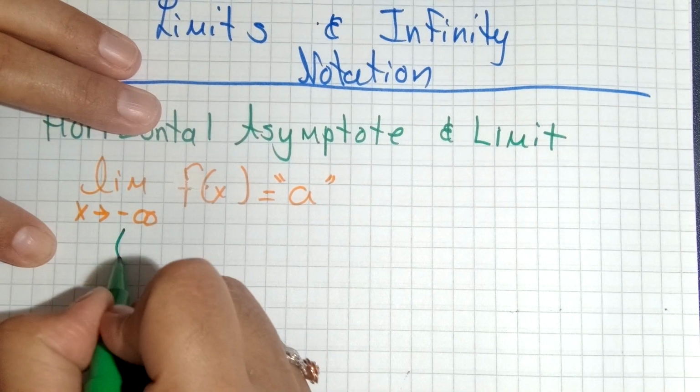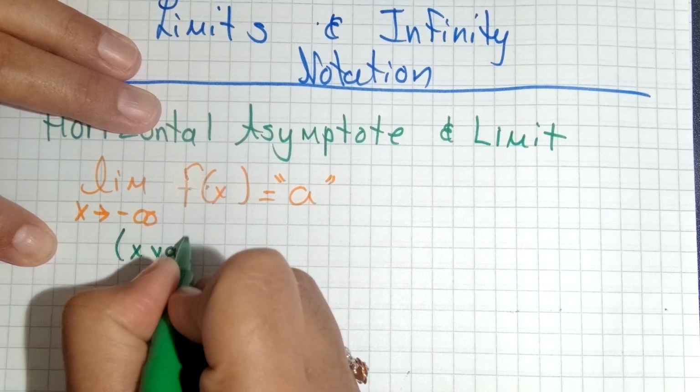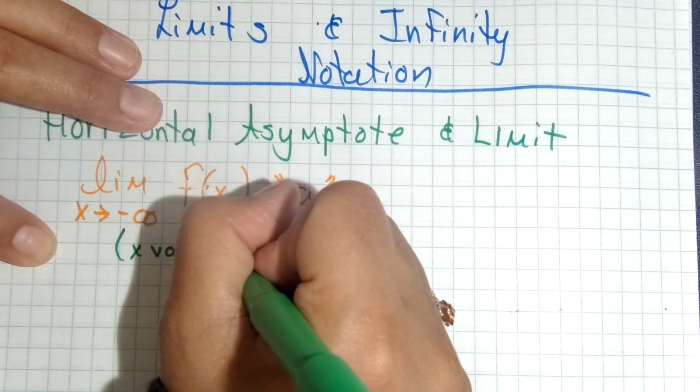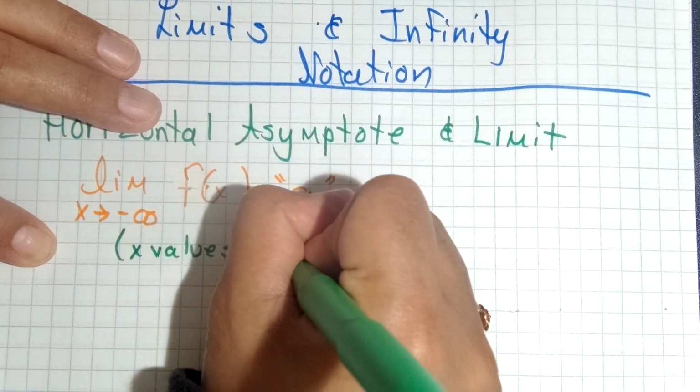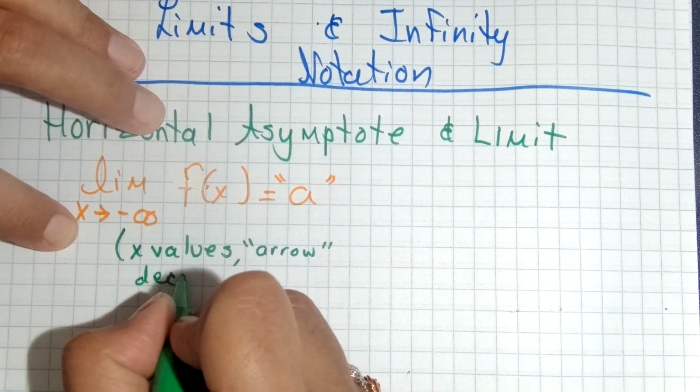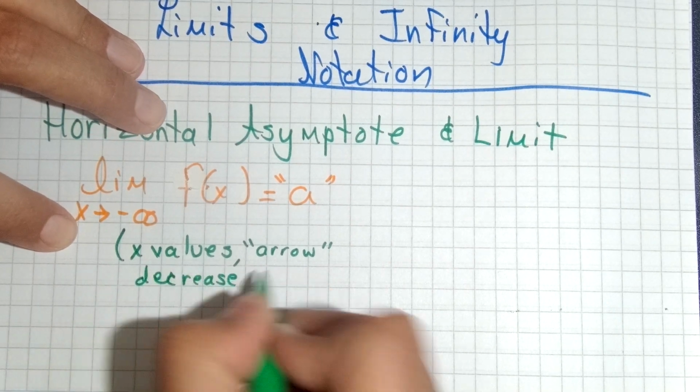This is when your x values, or the arrow on the graph, decrease. And you'll see what I mean when I do an example.